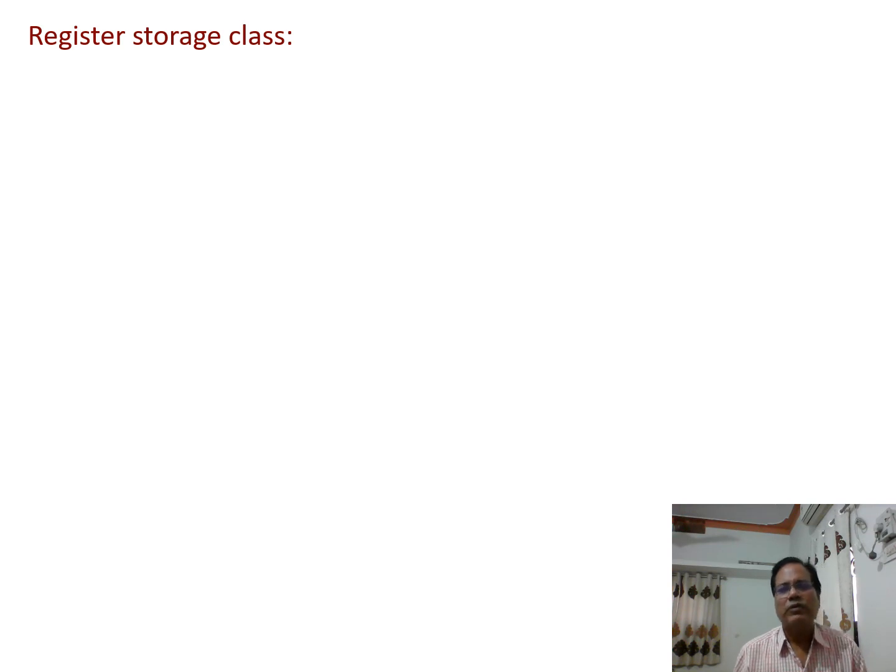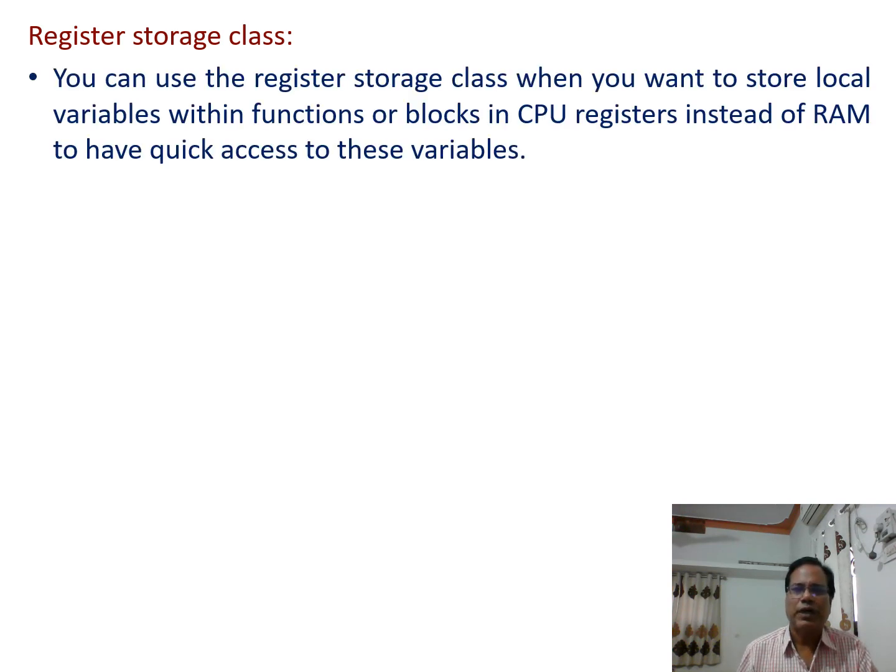Now, the last one is the register storage class. You can use the register storage class when you want to store a local variable within a function or block in a CPU register instead of RAM to have quick access to these variables. So if you want to store any data in a CPU register for quick access, we have to declare that variable with the register storage class.